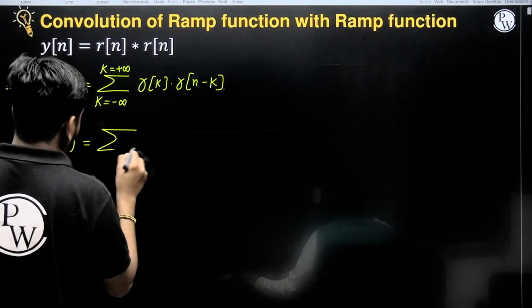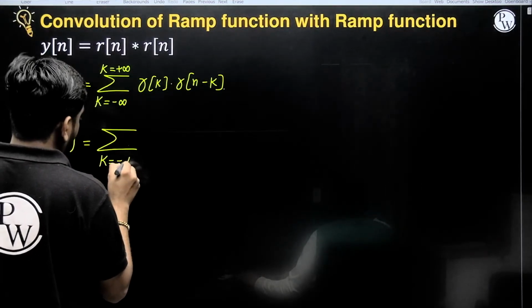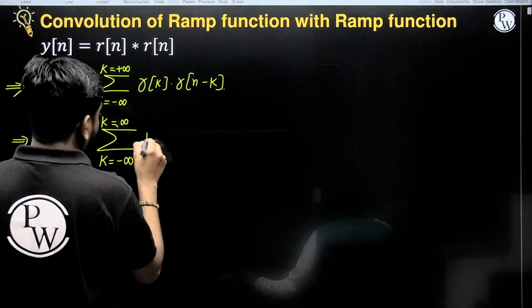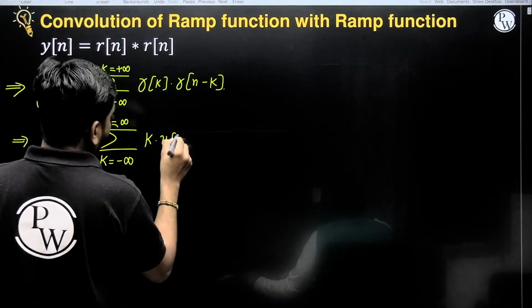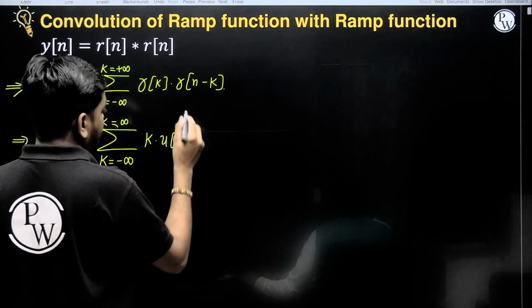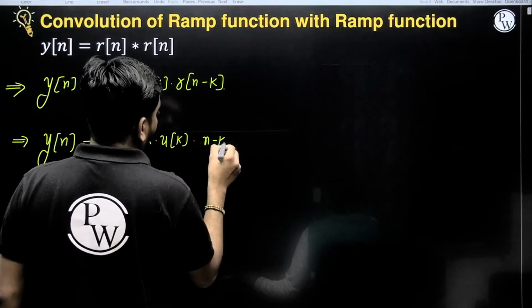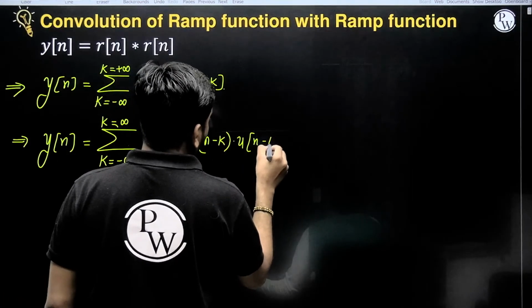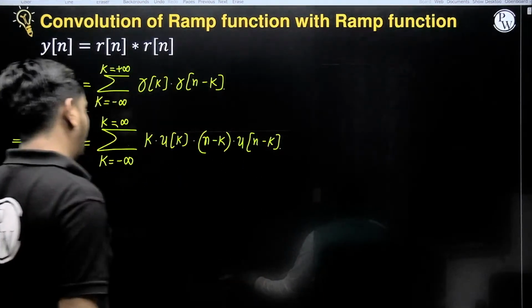Now, the summation from minus infinity, r of k is nothing but k into this n minus k.